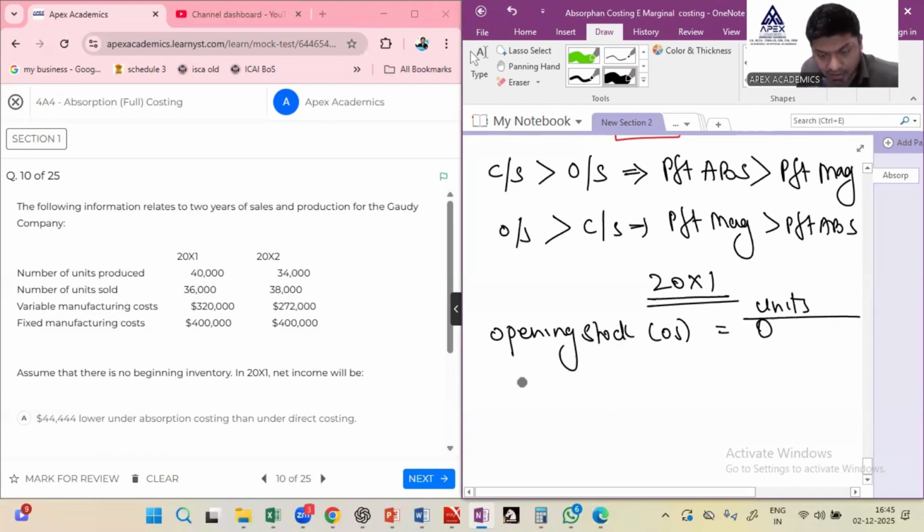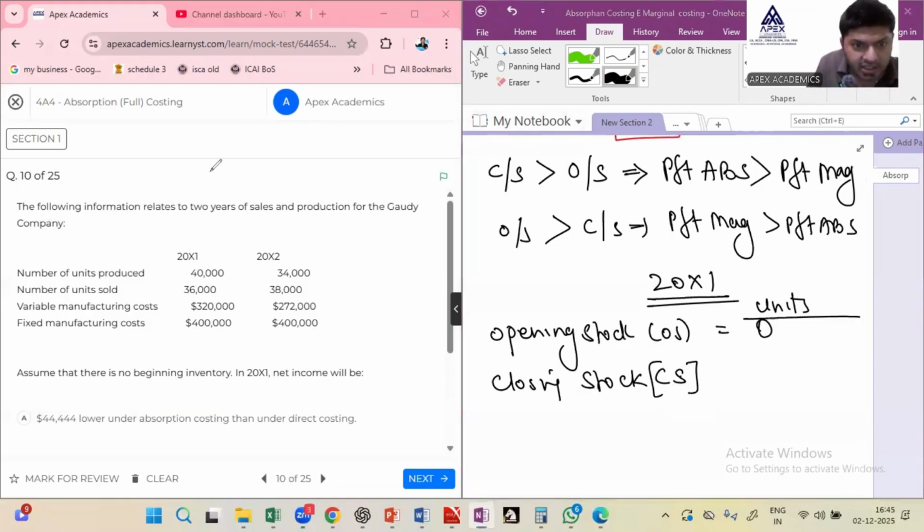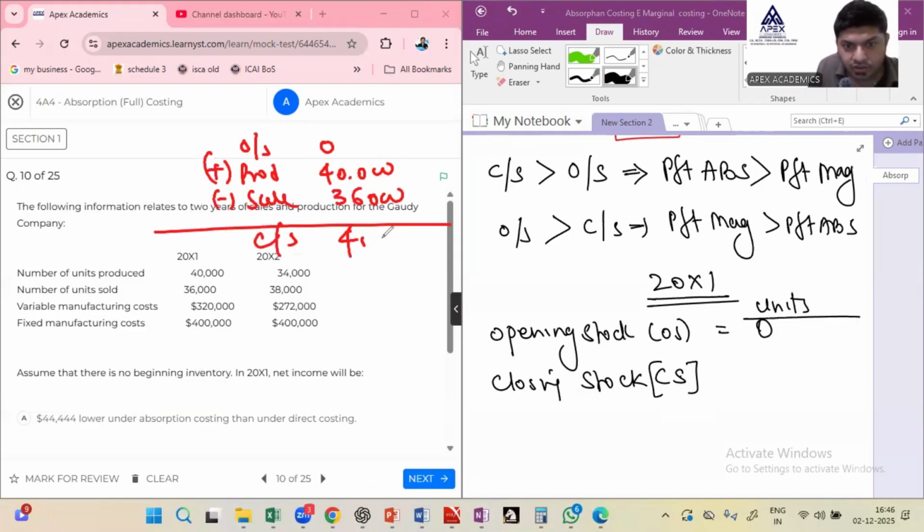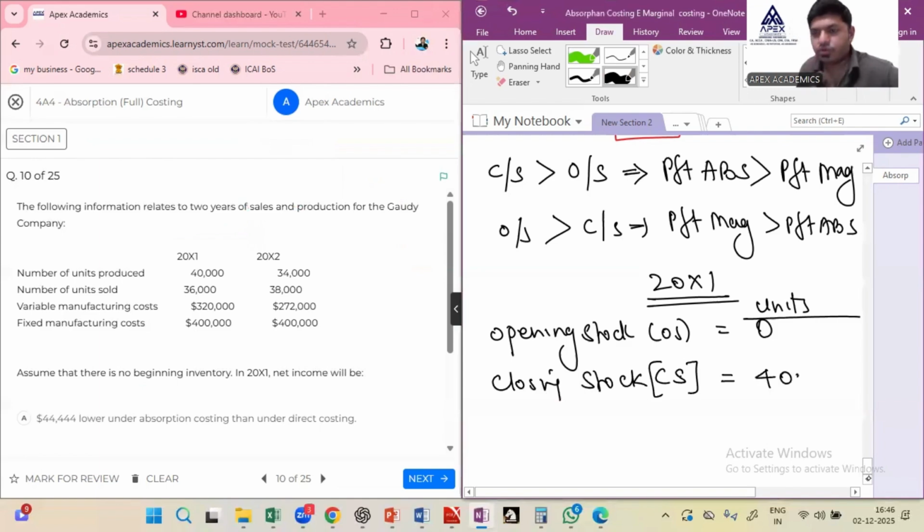But when I take into consideration my closing stock, please see, and common sense, you will agree with my statement that opening stock is 0 plus your production, which is 40,000, minus your sale, which is 36,000. What will you be left with? Closing stock, which is 4,000. So what is the closing stock as far as I am concerned for 2001? The closing stock is 4,000 units.